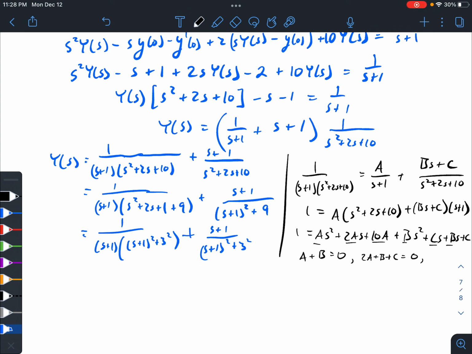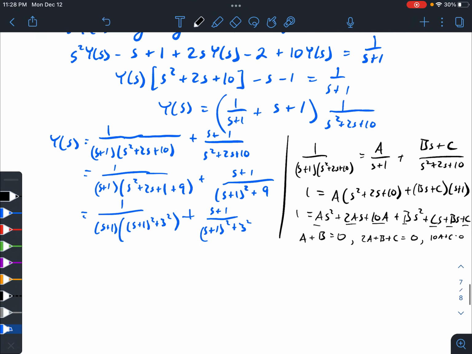Took care of those. 10a plus c equals 0. All right. Okay, so b is negative a, and c is negative 10a.